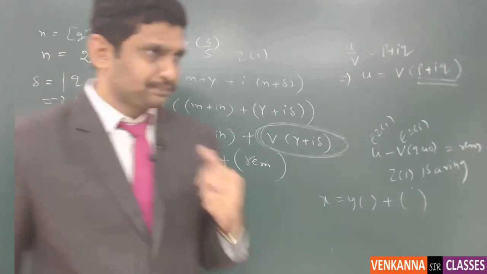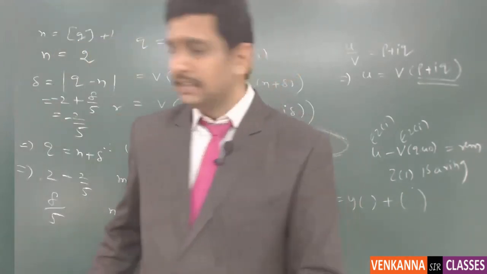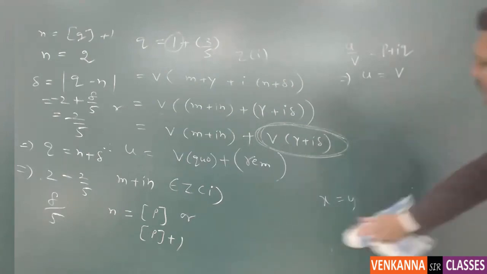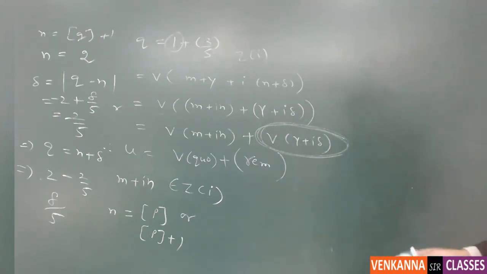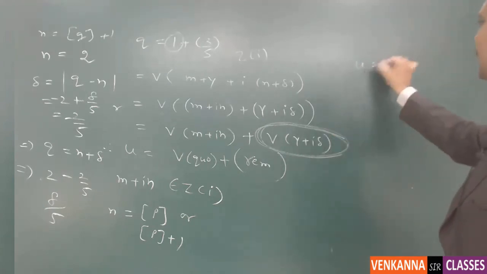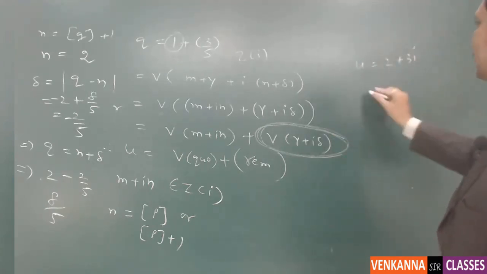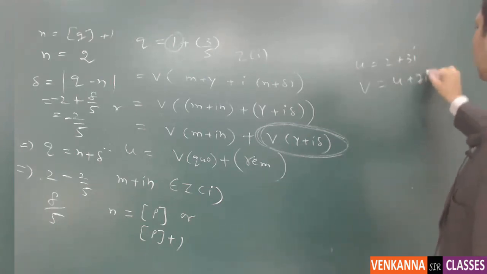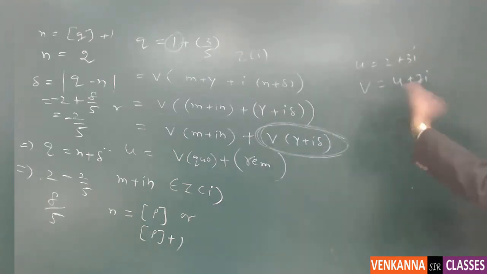So for your understanding, the best thing you can do is take an example. You can start with any two numbers and apply the method there. Say, suppose you have taken u is equal to 2 plus 3i and v is equal to 4 plus 6i, or 7i. Now you perform the multiplication there.